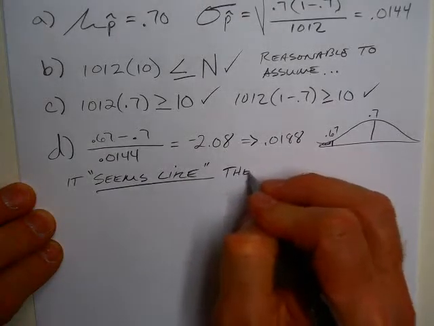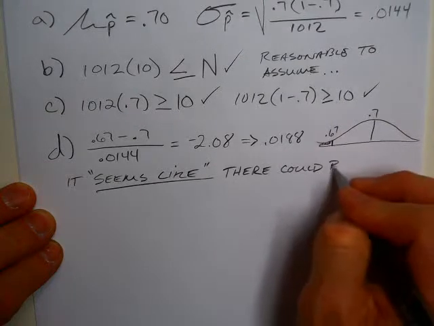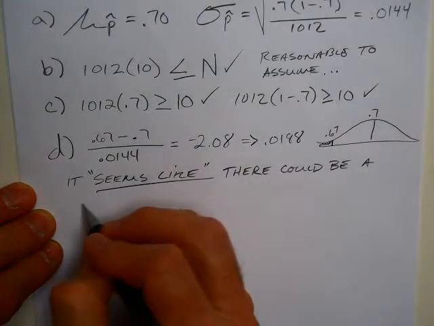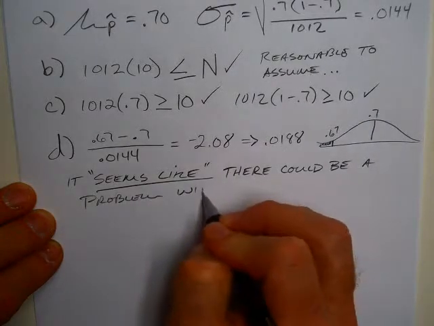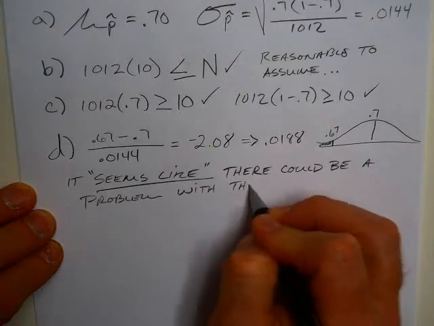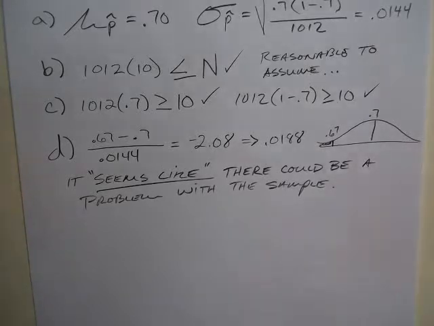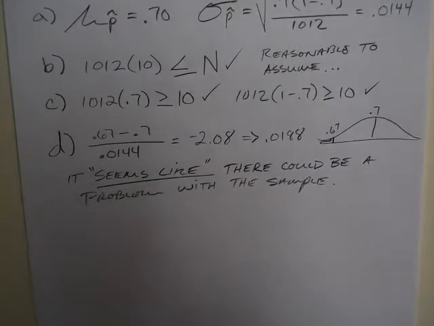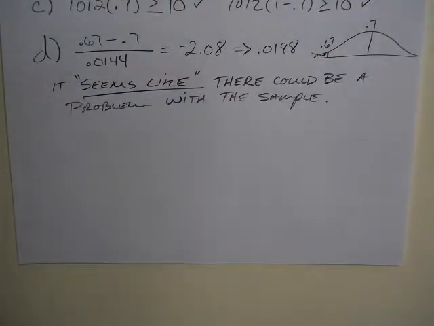There could be a problem, or there is a problem with the sample. Seems like there's an issue here, right? We don't know what it is, and we could make some guesses, but that's all they'd be. But that just plays the what if game.